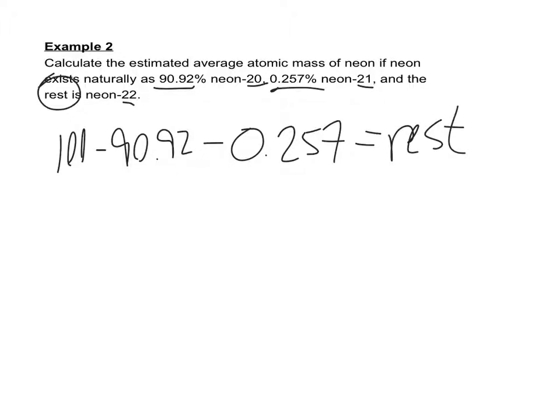In other words, I should be able to finish that final percentage. So I'll do 100 minus 90.92 minus 0.257, and I'll figure out that the rest is about 8.823%. So I have my third percent, the percent that goes with neon 22.